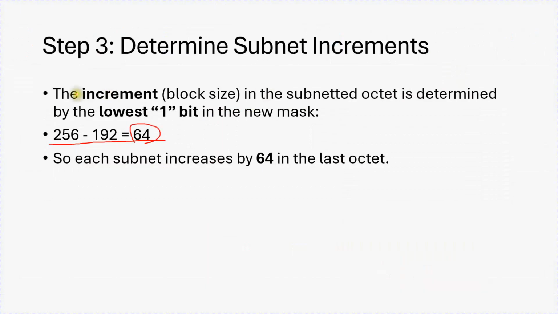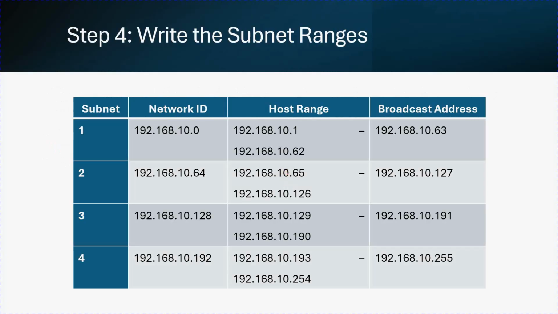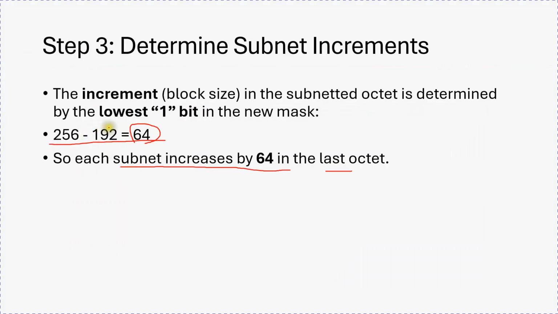So right now you are going to subtract 256 minus 192, which is 64. So each subnet increases by 64 in the last octet. You are going to increase the number by 64 in this case.